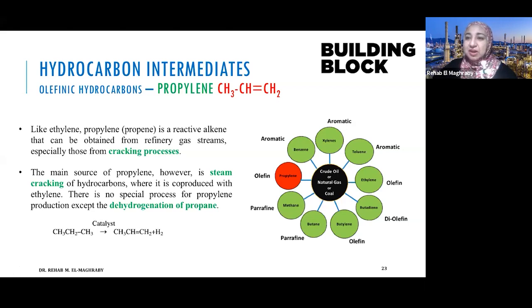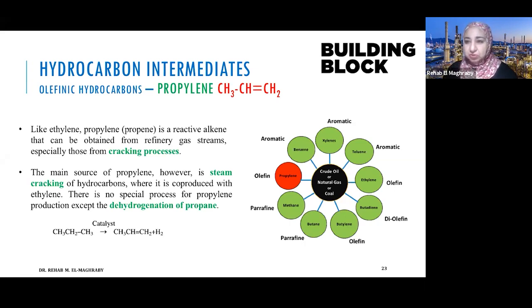So we use a very high temperature furnace, like the one in the background here. We feed the propane at very high speed. The residence time in this furnace is milliseconds.